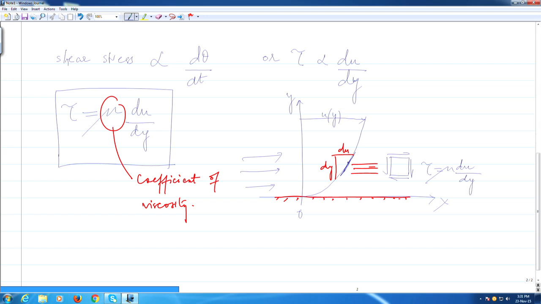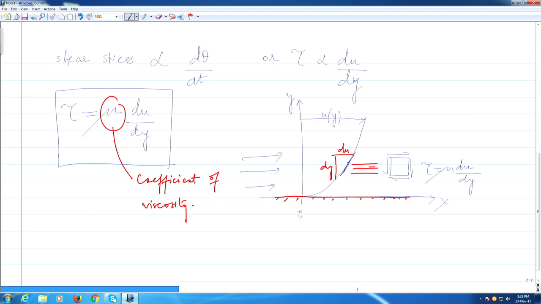Physically that means that the slope of the velocity curve will give you a measure of the shear stress, okay? Shear stress is basically the coefficient of viscosity multiplied by the slope of the velocity profile.